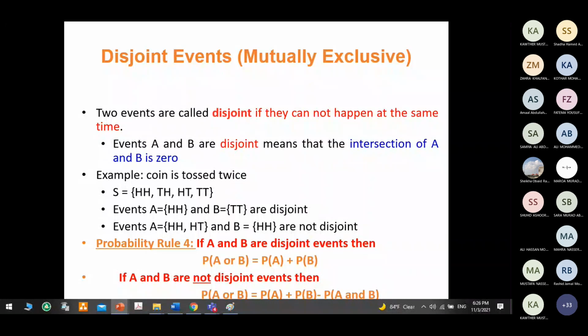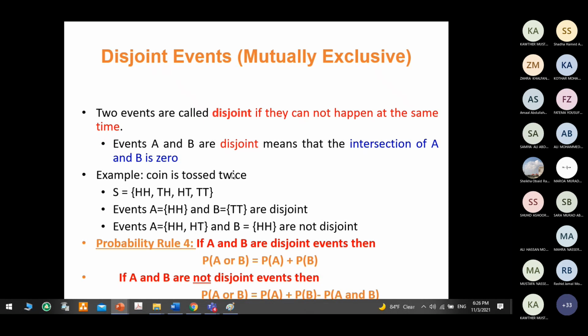I cannot say it's warm and cold at the same time. If one of them happens, as an example, when I say it's warm, definitely I know it is not cold because they cannot happen at the same time. So events A and B being disjoint means the intersection of A and B is empty. They will never intersect. No way to intersect with each other.